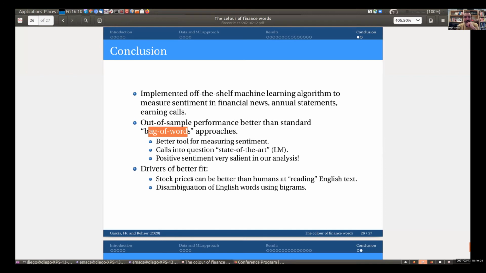And it could be because the stock prices, which is what the machine is using to supervise the labeling of positive and negative terms, are better at reading text. But probably more importantly, this idea that English is a complicated language, and disambiguating these single tokens goes a long way in measuring sentiment in text.